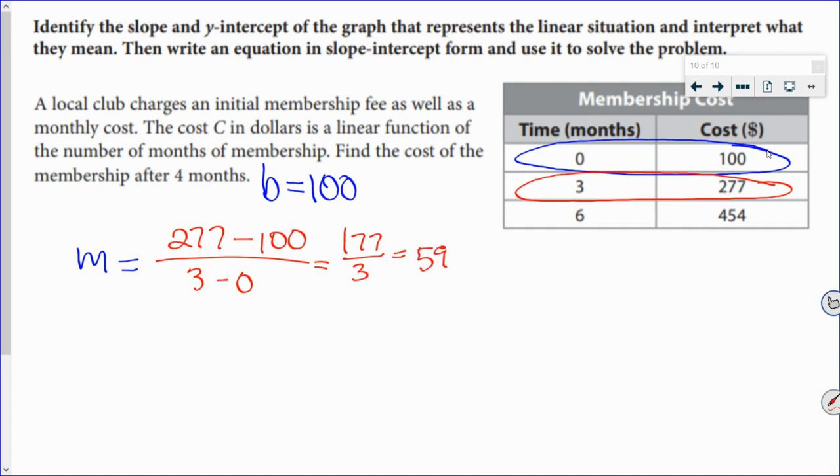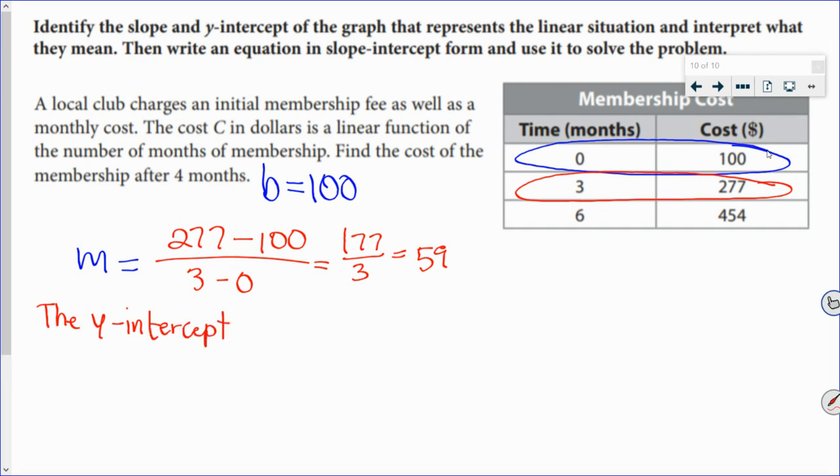Okay, so let's interpret this. What is the y-intercept? Let me spell it correctly. The y-intercept. Anybody know what that means?